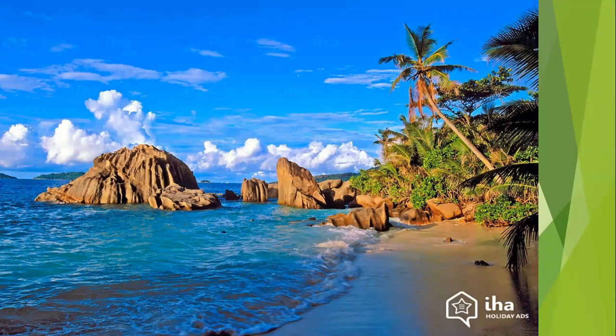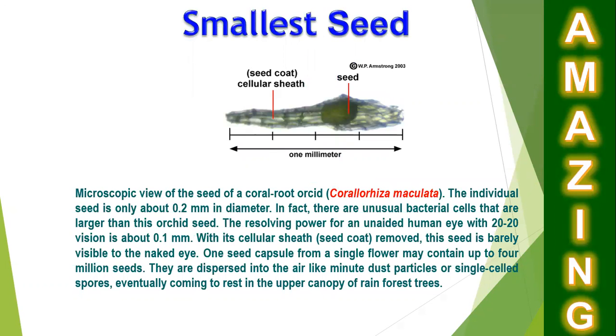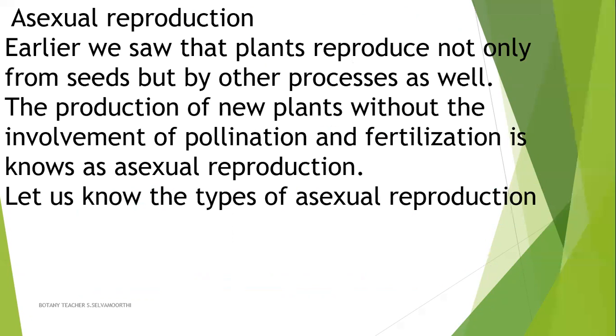A single seed may be 12 inches long, nearly 3 feet in circumference, and weigh about 18 kg. The smallest seeds in the plant kingdom belong to orchids. 35 million seeds may weigh only about 25 grams.